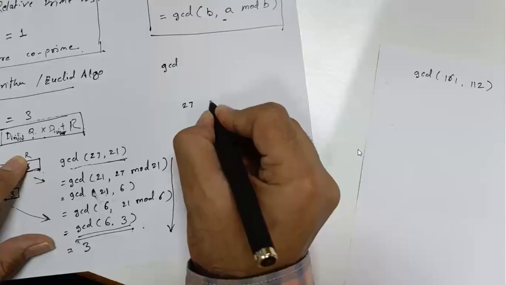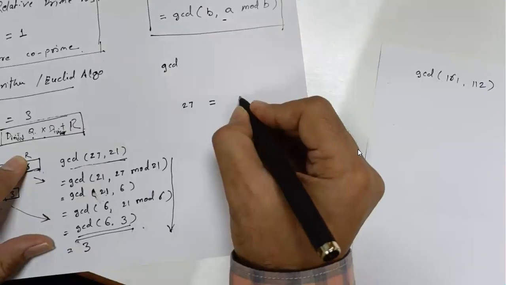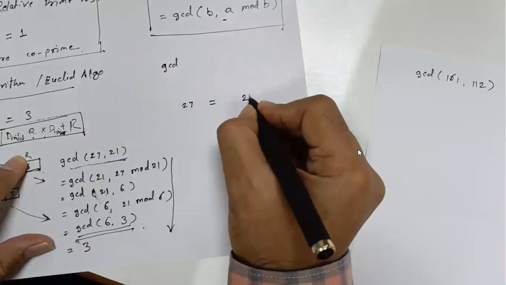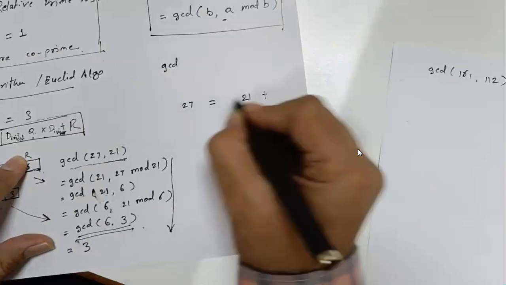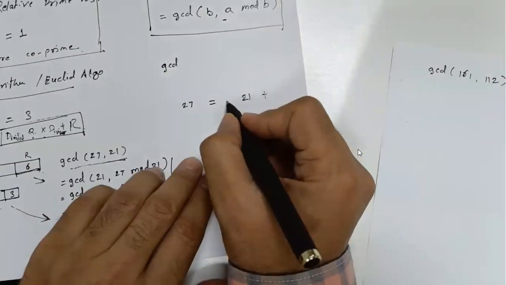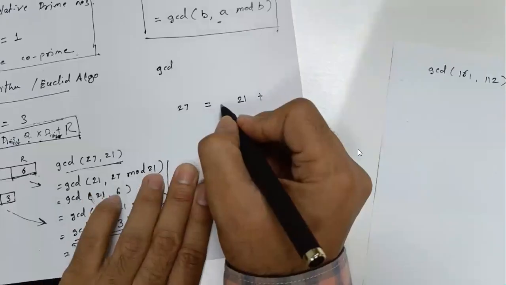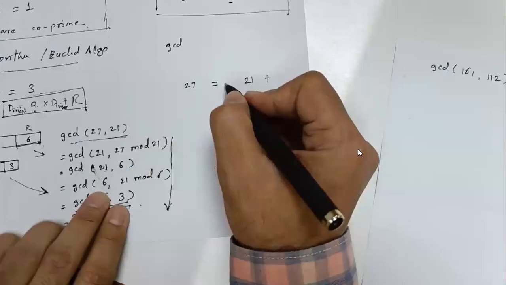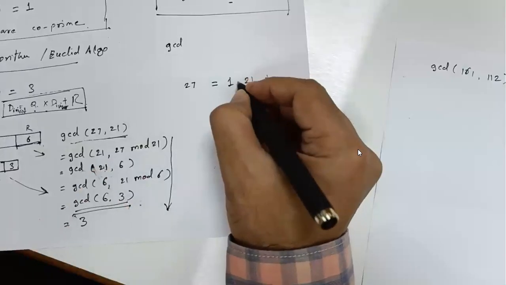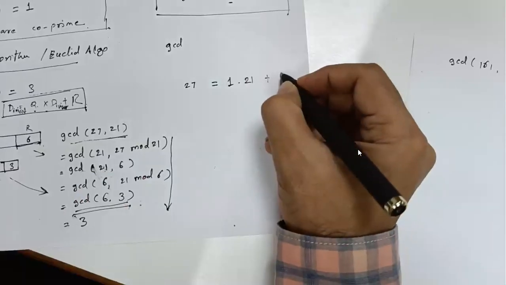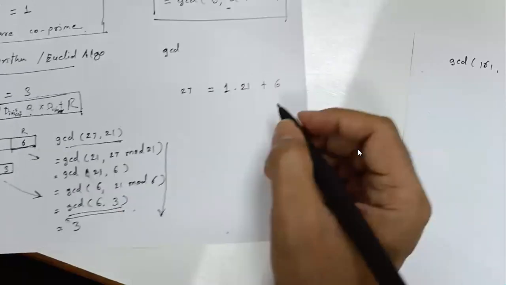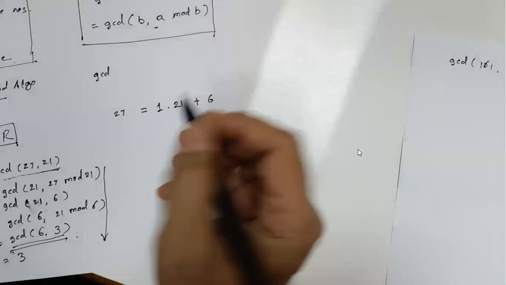27 equal to 21 plus remainder and quotient. What is the quotient here? As a first step, 1. 1 into 21 plus 6. Right.